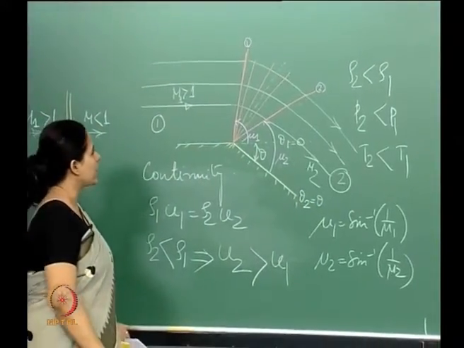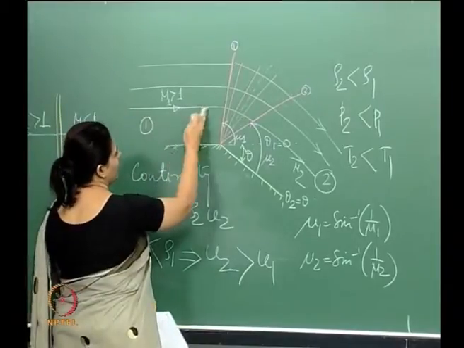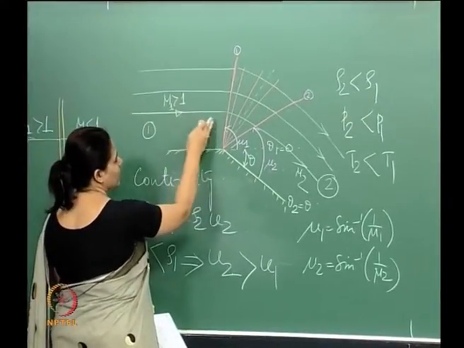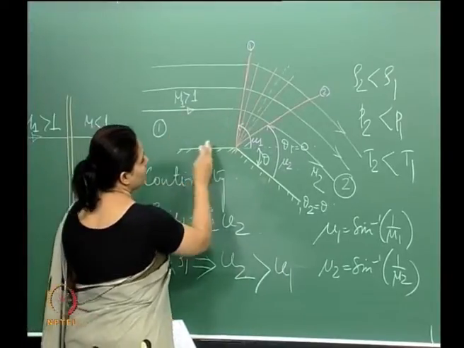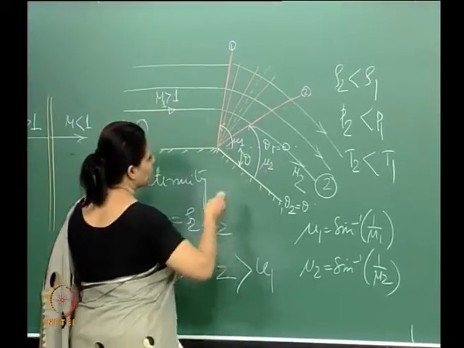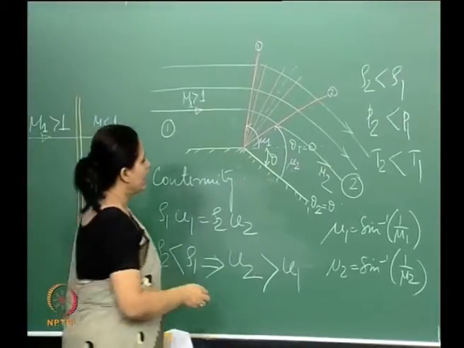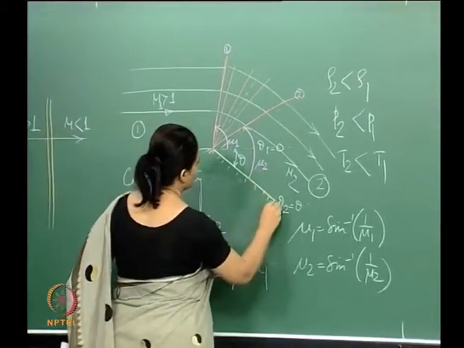Okay. So, what is happening is that we have an incident Mach number of M1, it encounters this expansion corner and it goes from theta 1 to theta 2.